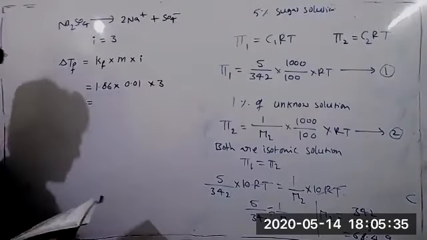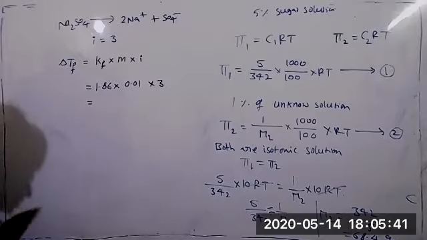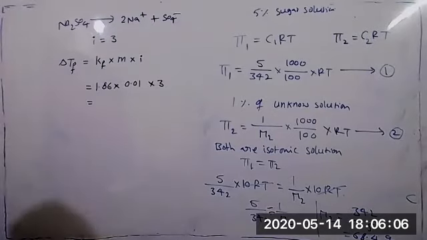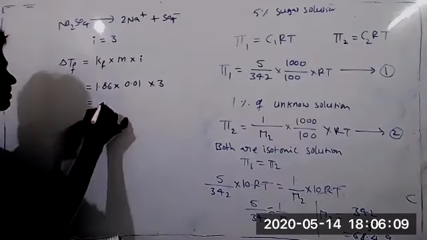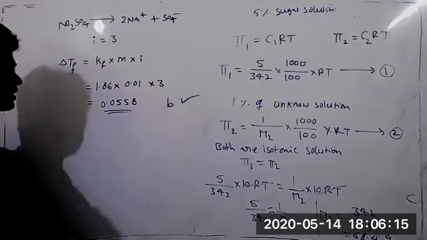Multiply this. How much? 0.0558. This is the answer. So option B is correct.